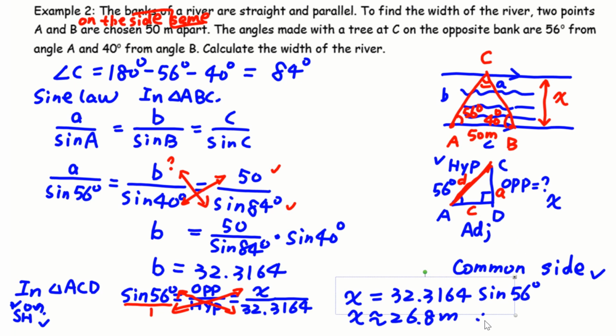The width of the river is 26.8 meters. So this is the sine law. If you have more than one triangle involved, try to find the common side. Thanks for watching.